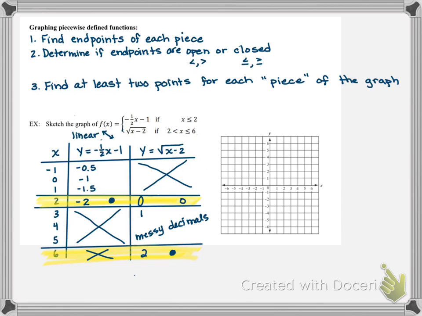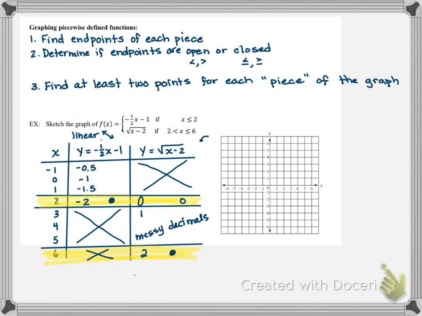Do you guys know the general shape of the square root function? It's like a sideways parabola, but it's only the top half of it. So if I were to do a sideways parabola like this, but it's only the top bit, so it's just like this little hook thing.